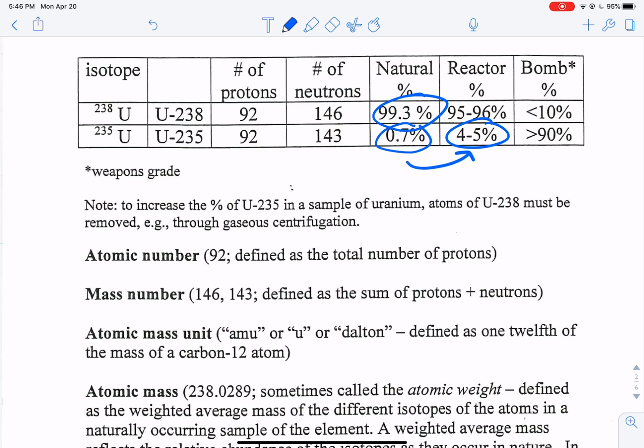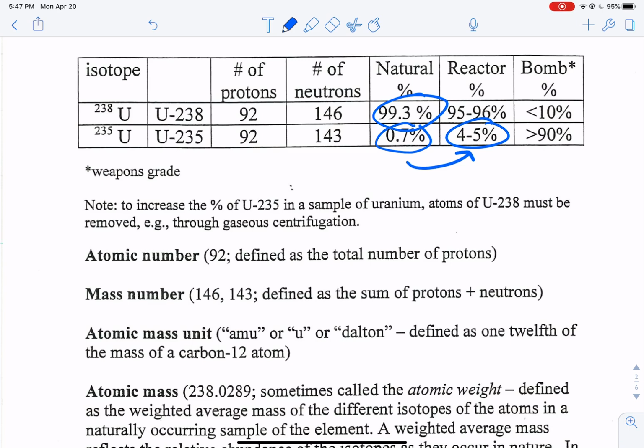We could increase the percentage by getting some of the guys to leave. Here we could use gaseous centrifugation or gaseous diffusion to get rid of the more massive uranium-238, thus increasing the percentage of uranium-235 left behind in our sample. This would be called reactor-grade uranium.